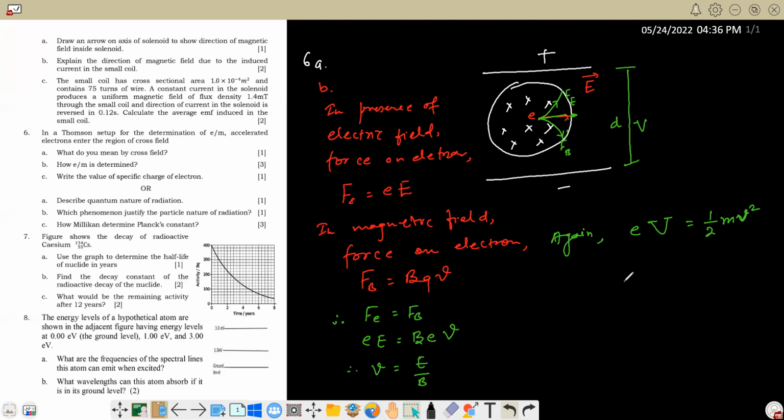Now let us substitute and get the value of e/m. If you bring m to this side, e/m will be equal to 1/2, with v² in the numerator and capital V in the denominator. If you substitute the value of v², what would happen is 1/2 v and this is E by B squared.